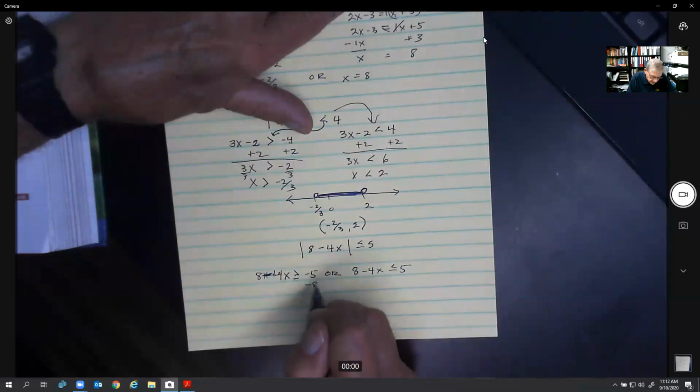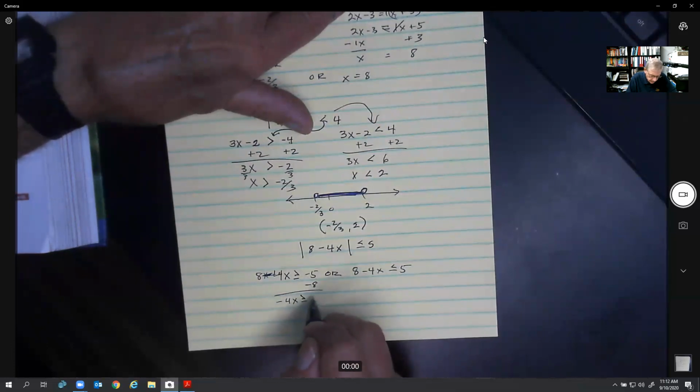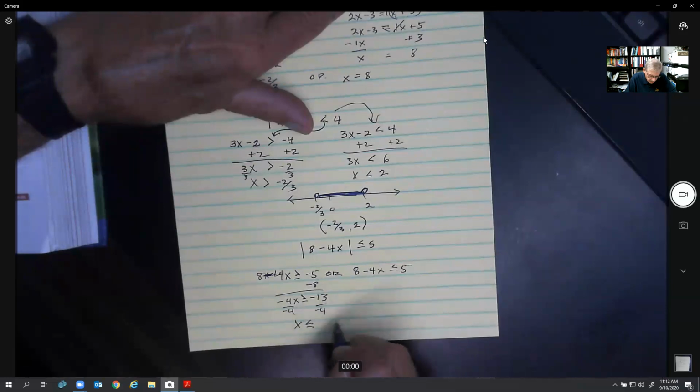I bring it to the other side. This would be a negative 4x is greater than or equal to negative 13. When I divide by negative 4, I'm going to switch the symbol. X is now less than or equal to 13/4.